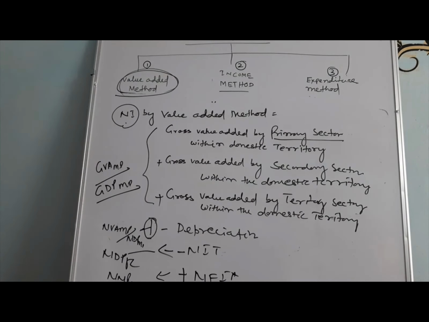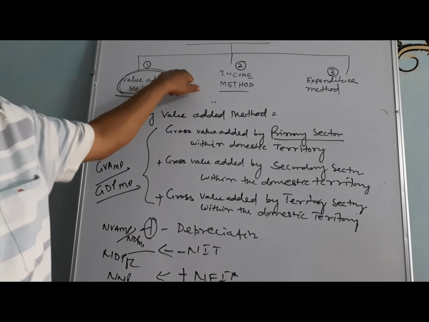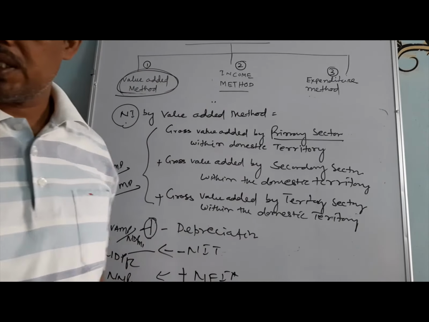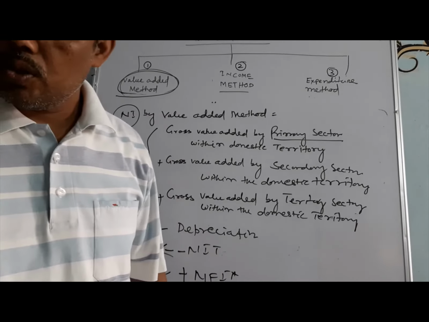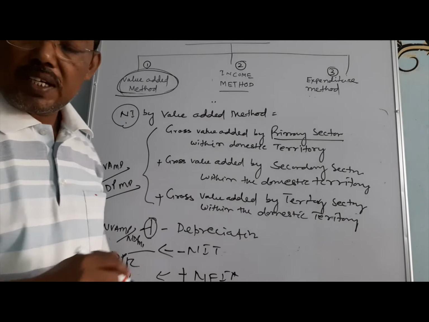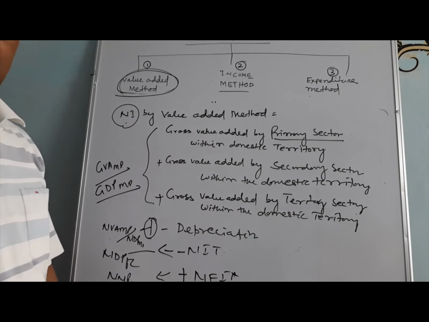So now, the steps whenever we are calculating national income by value added method. First, identification and classification of producing enterprises: primary sector, secondary sector, and tertiary sector.